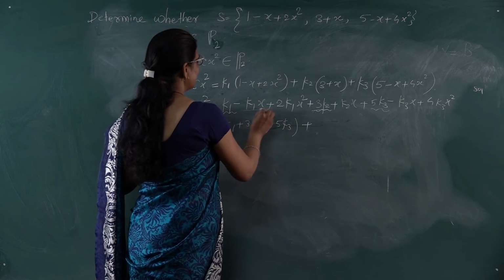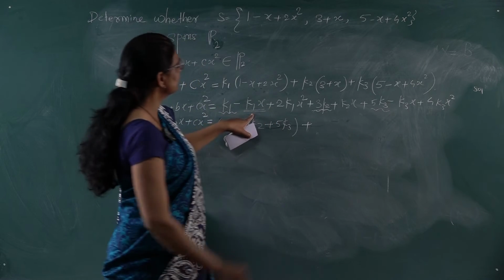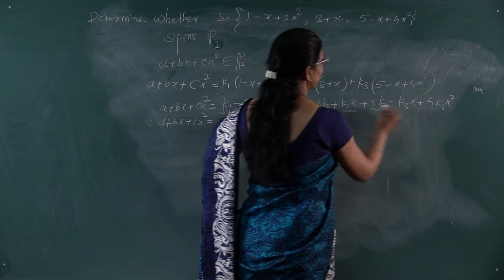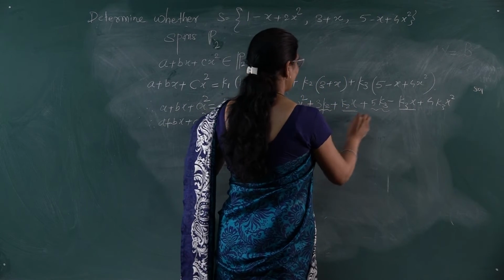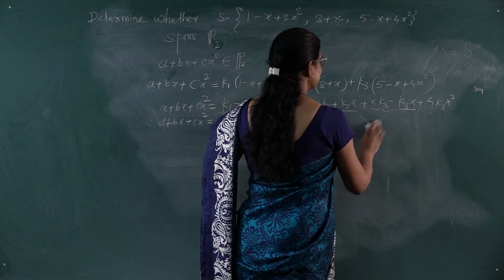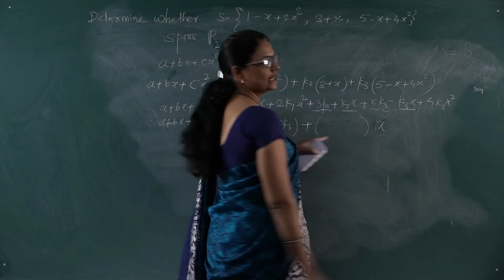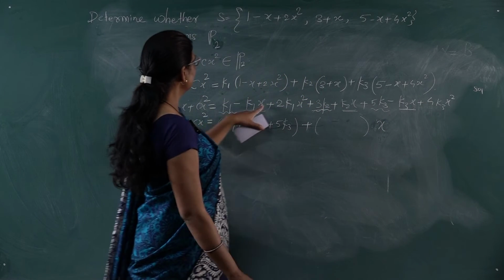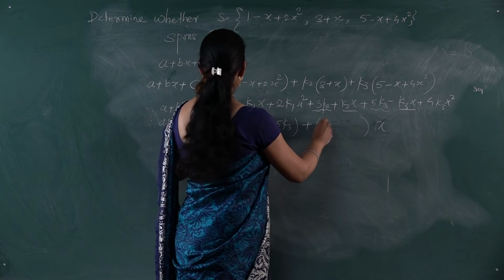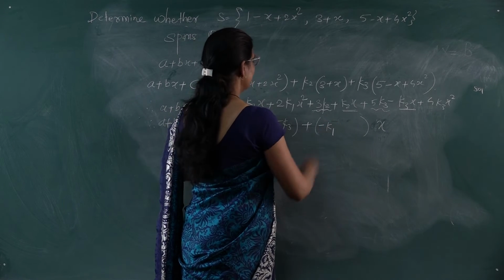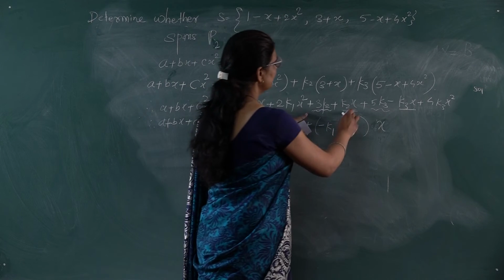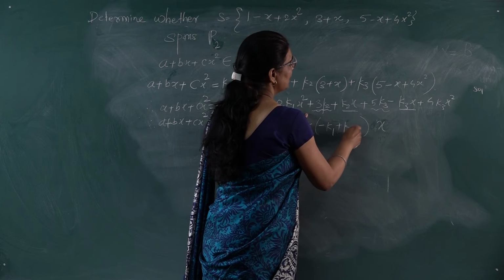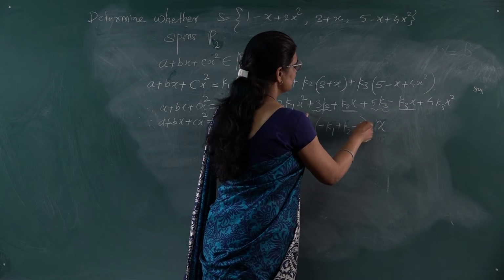So we double underline the terms of x. This is our first term of x, this is second, and this is the third. And from all these terms, we take x as a common and write all the remaining here. So if we take x common, remaining is minus k1, here remaining is k2 and next remaining is minus k3.